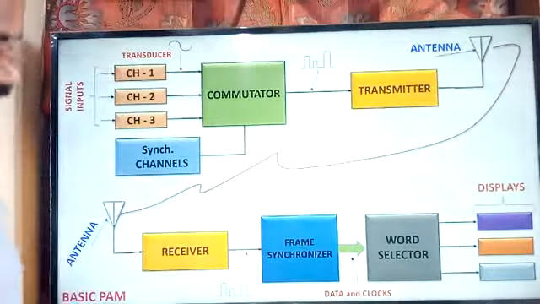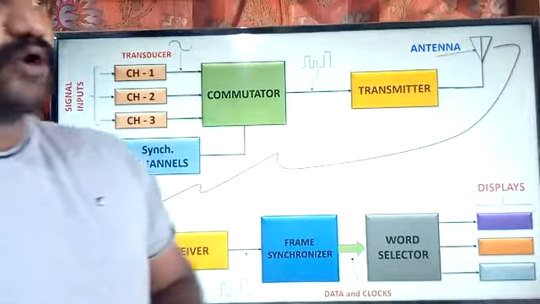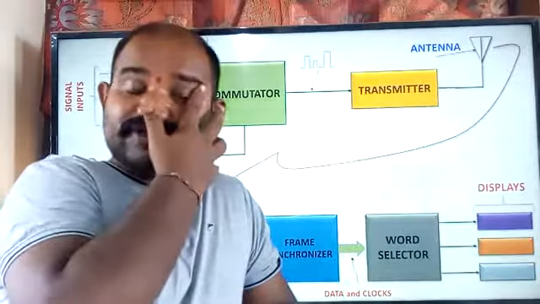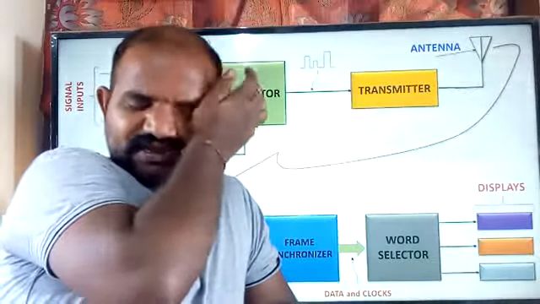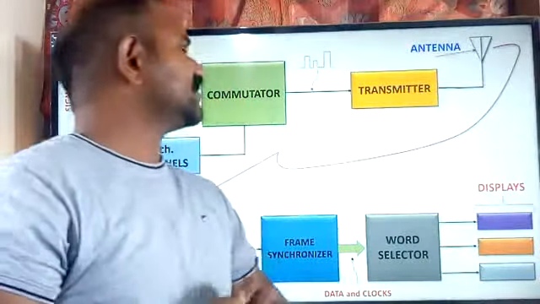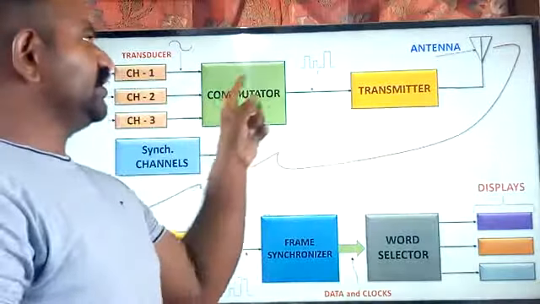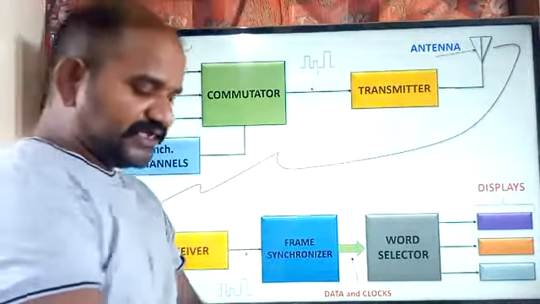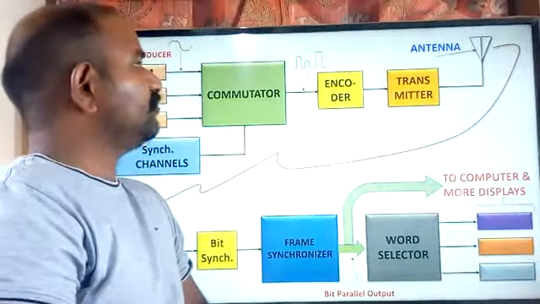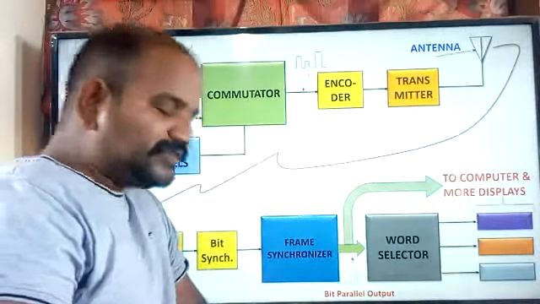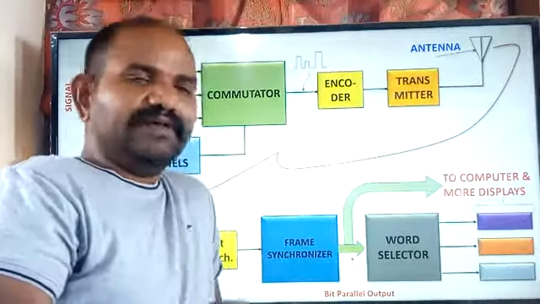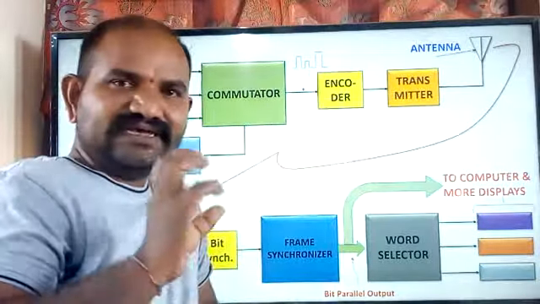The next case is pulse code modulation. Pulse amplitude modulation means we are simply sampling the input information and converting that sampled information into the pulse format. Pulse code modulation looks like pulse amplitude modulation, but there is a slight difference.